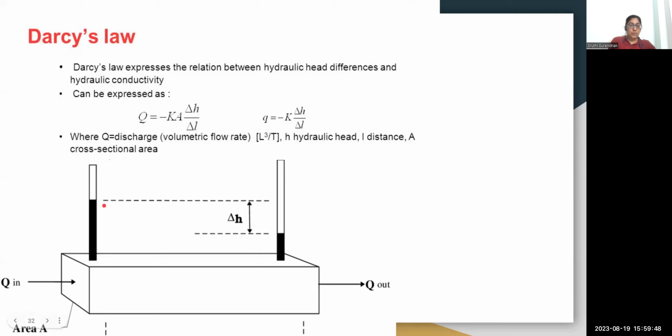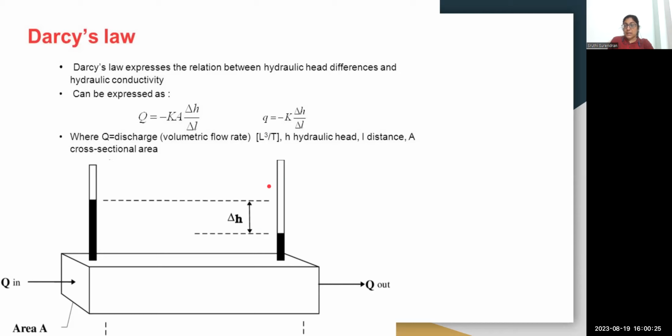Suppose the water flows in this direction through the aquifer, and the pressure head at the initial point is H1, and when it reaches this point the pressure head is H2. The difference between these pressure heads divided by the length over which the water flows is called the hydraulic gradient. So I is equal to delta H by delta L, or sometimes written as delta H by L.